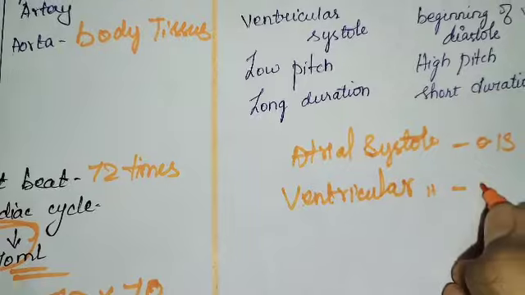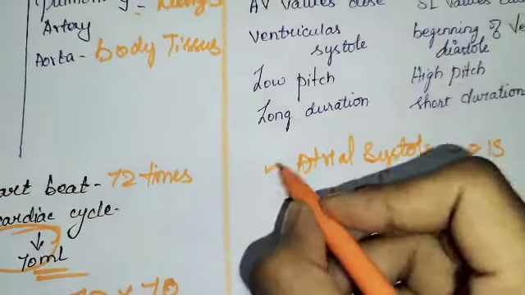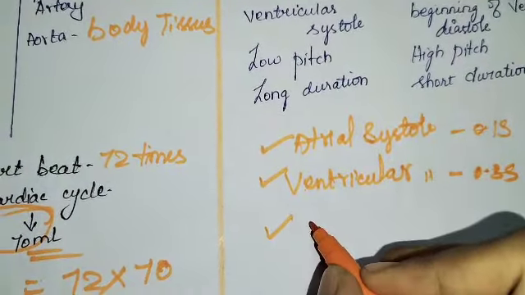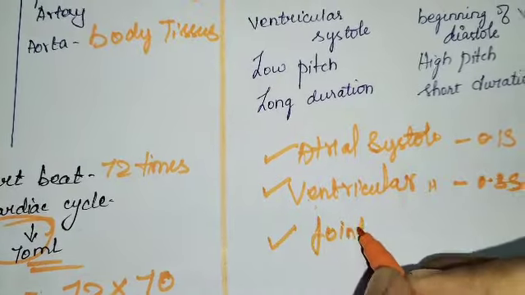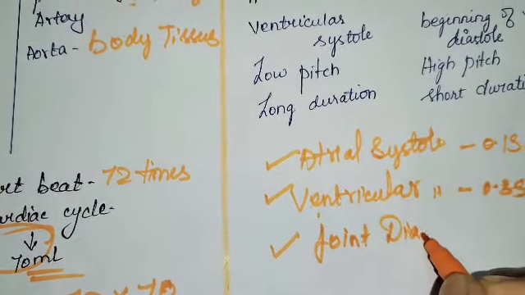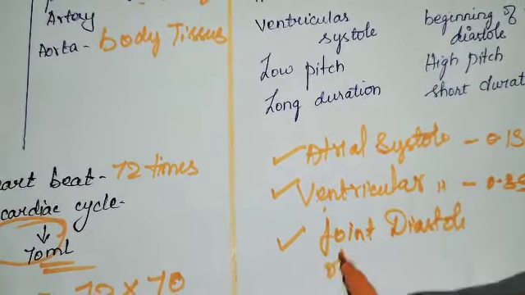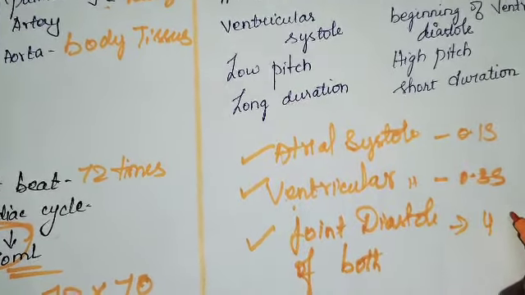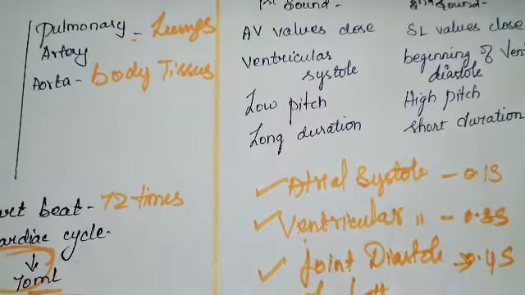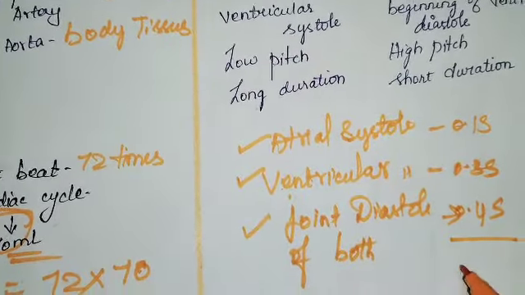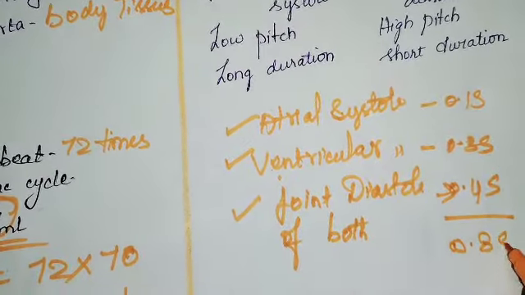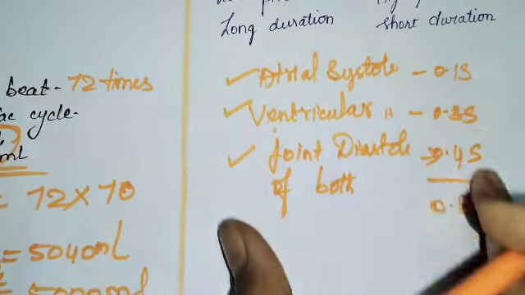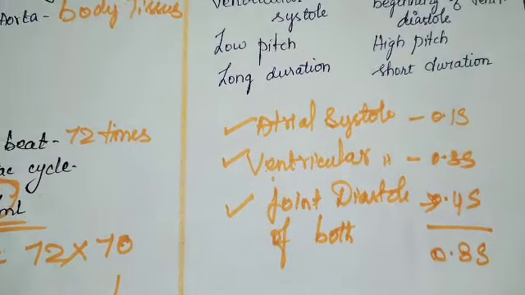The third one is joint diastole of both. It takes 0.4 seconds. Totally we have 0.8 seconds. Okay, this is the map of the time interval of the cardiac cycle.